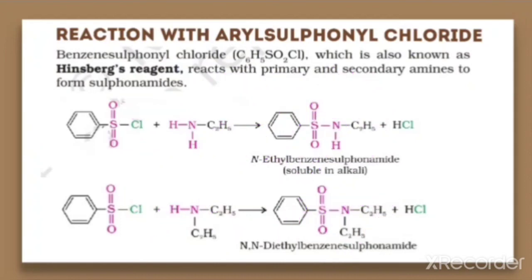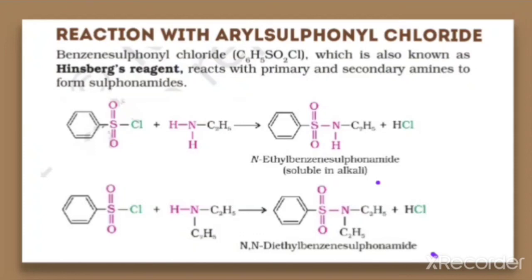So it is one of the distinguishing tests, because the primary amine gives the product which is soluble in alkali, the secondary amine's product is insoluble in alkali, and the tertiary amine does not react with the benzene sulfonyl chloride. So amines react with benzene sulfonyl chloride in different manners.